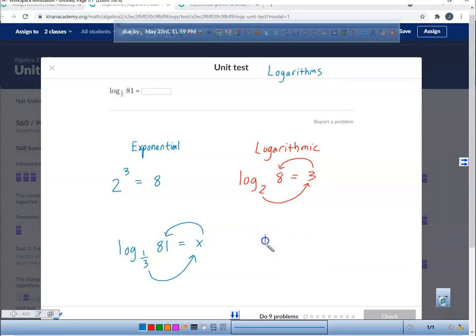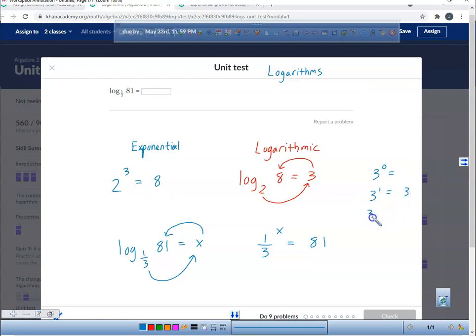So I want you to write this down. 1/3 to the power of X equals 81.